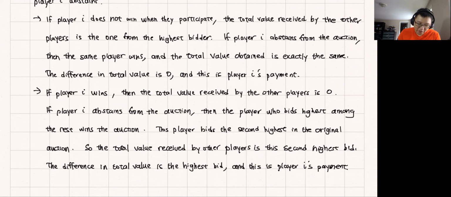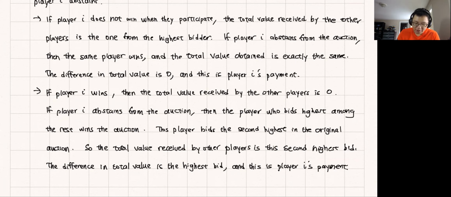When player I participates, the other players get 0. If player I does not participate, the other players get the second highest bid. So this amount is lost when player I participates, and that is the payment for player I.